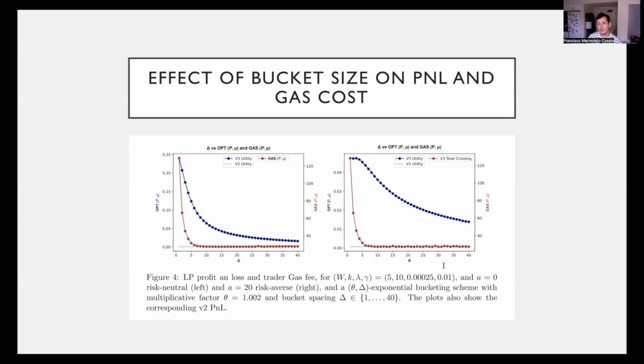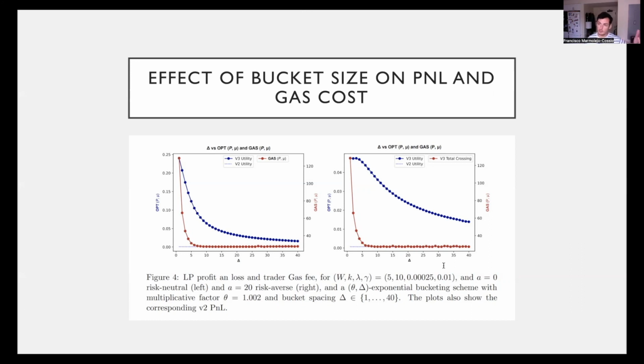The left-hand graph is for a risk-neutral liquidity provider, and the right-hand one is for a risk-averse liquidity provider. Roughly, as the partitions get finer, closer to the left of the x-axis, there is a larger profit and loss to be had for liquidity providers.